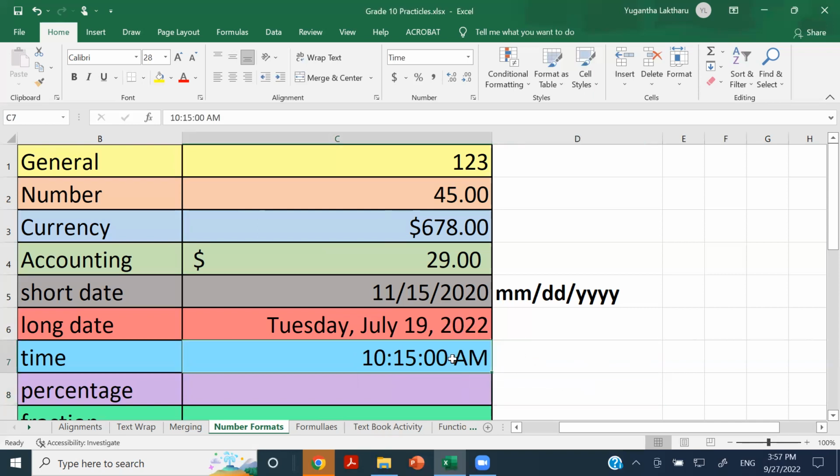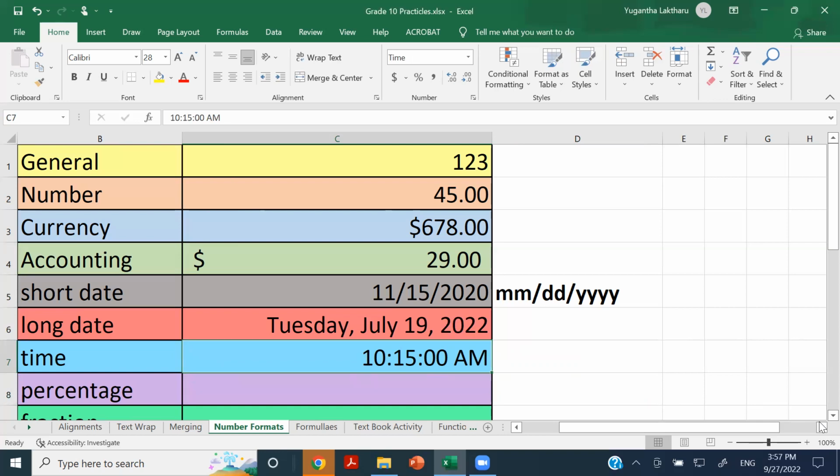Or if you want to show what's the time after certain days, what you are going to do is just type the hour value and the minute value separated by a colon.